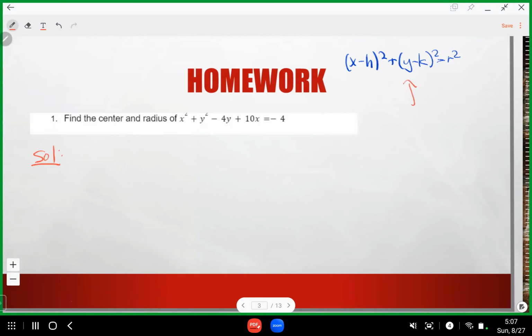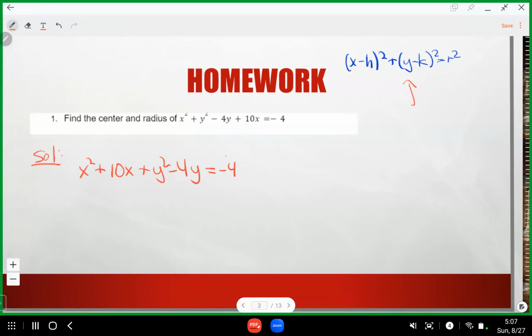Yeah, but we have to turn this equation into that format. So I just first combined all of the x's and all of the y's together. So x squared plus 10x plus y squared minus 4y equals -4.